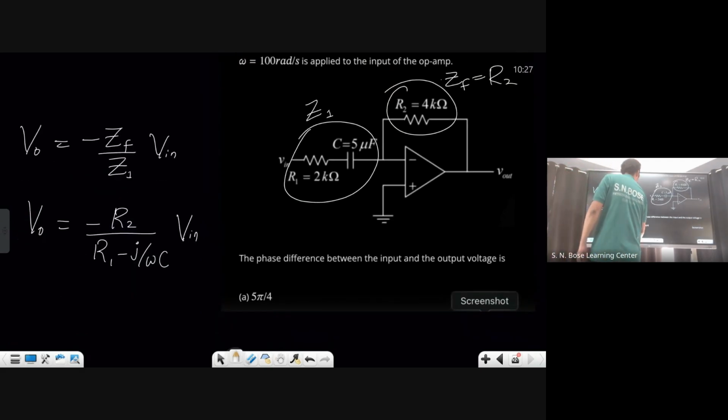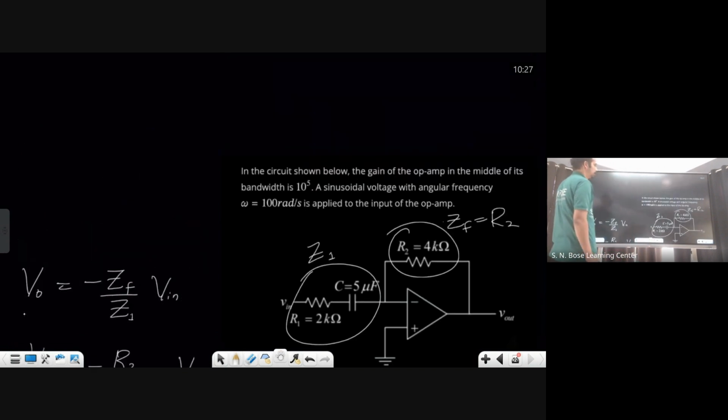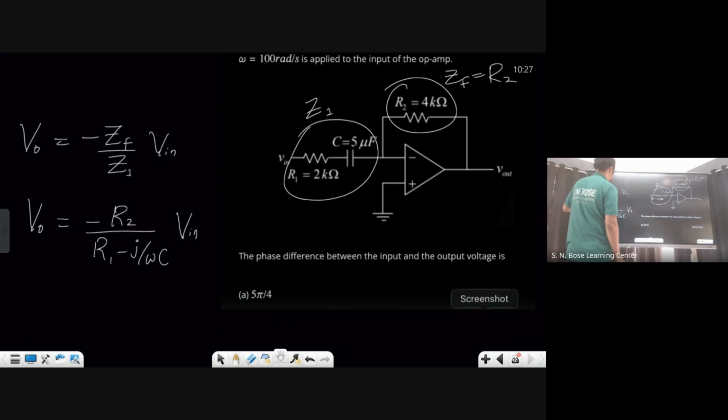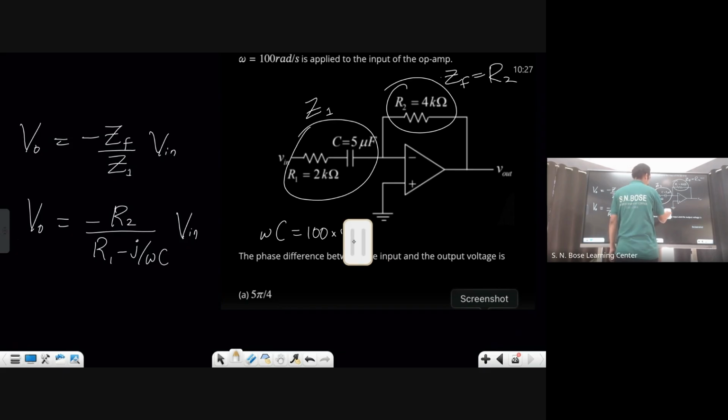Fine. R2 is 4 kilo ohm. Omega is 100 radian per second. Omega C is 100 into 5 micro. Everything is in SI.